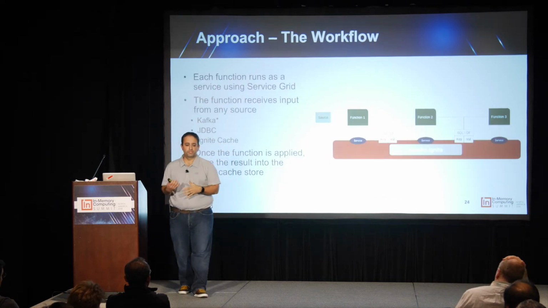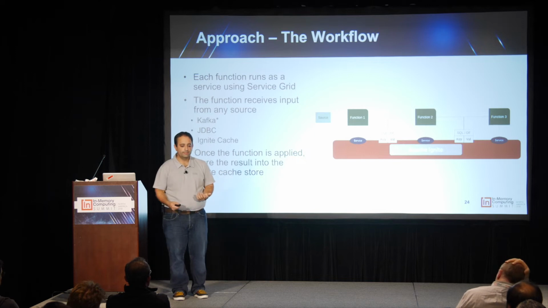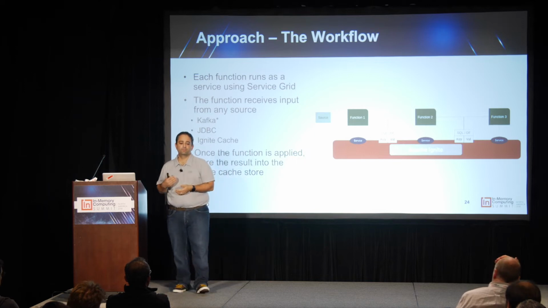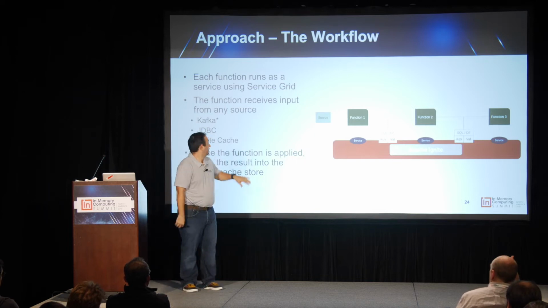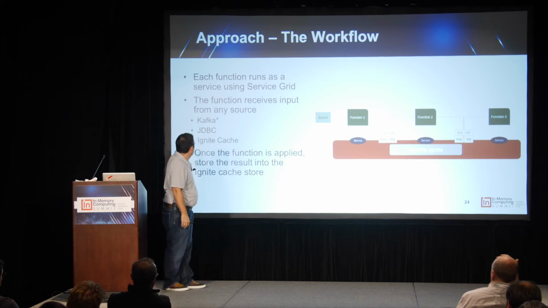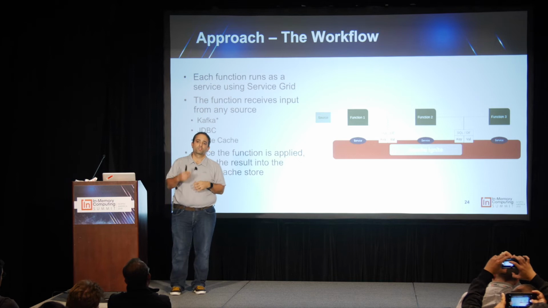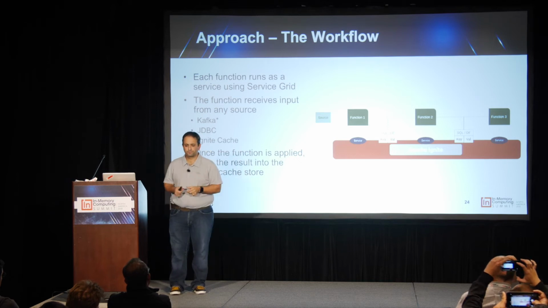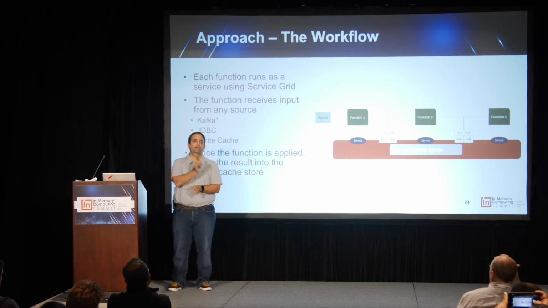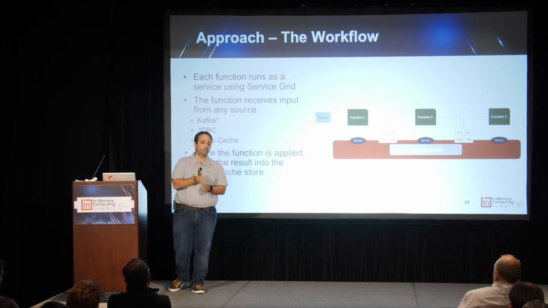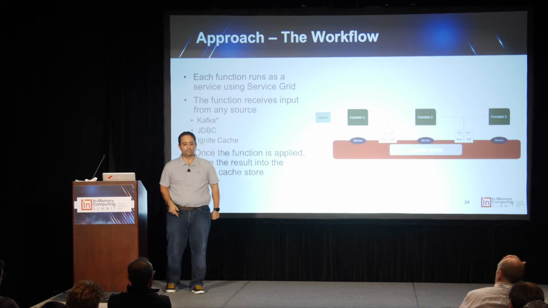So, again, the function runs as a service from the service grid. And the function receives input from any source: Kafka, JDBC, and Ignite cache. The reason Kafka has a little asterisk on it right now is because we're still working with the Ignite Kafka sink and hope to have that completely done. But for right now, it's JDBC or other Ignite caches.